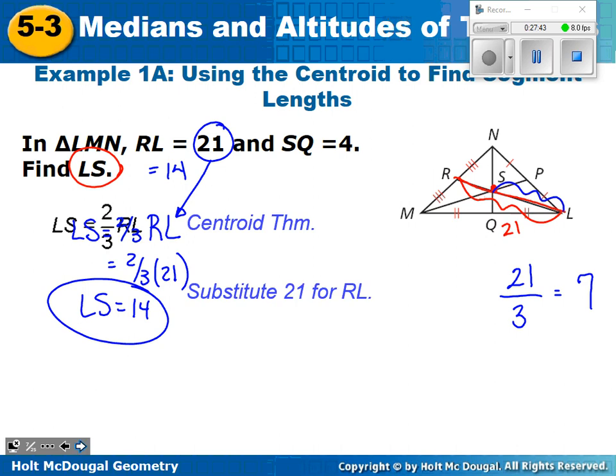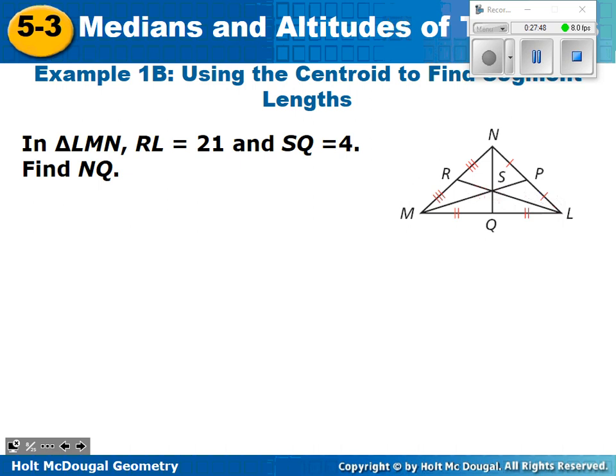Same picture, same problem, but this time they give you SQ and ask you to find NQ. So they tell you SQ is 4, and the question is, what is NQ? Is NQ the 1/3, the 2/3, or the whole? Careful, look at your picture. NQ, is it the 1/3, the 2/3, or the whole?